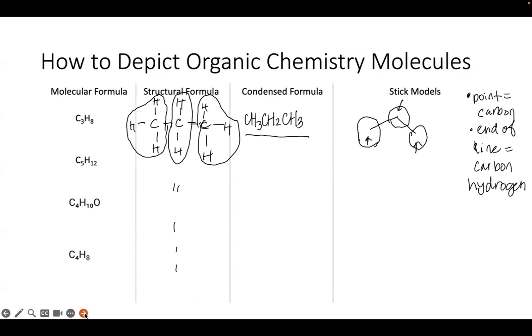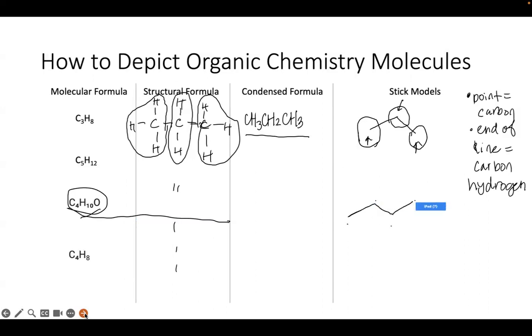If we throw in heteroatoms, such as in this example here, heteroatoms are any atom other than carbon and hydrogen, and they get explicitly written out. So C4H10O would be 4 carbons: 1, 2, 3, 4.